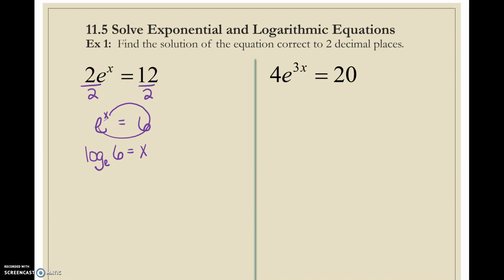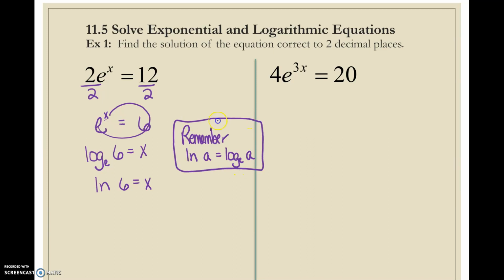Does anyone remember from the last half of the chapter what log base e is the same as? ln. So you may want to jot somewhere in your notes, remember that ln of a is the same as log base e of a, or any other letter that you decide to use. ln of 6, that is something that you can do in your calculator.